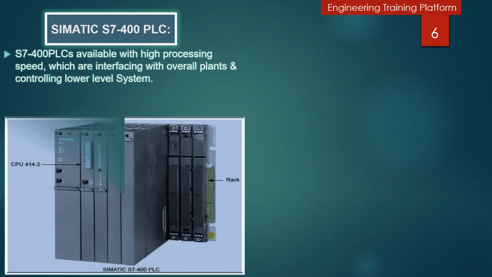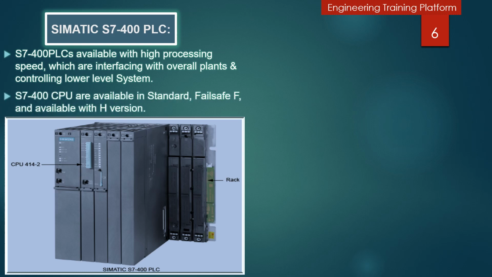Now friends, we will discuss the Simatic S7-400 PLC. S7-400 PLCs have high processing speeds and are especially suitable for data-intensive tasks such as coordinating overall plants and controlling lower-level systems. S7-400 CPUs are available in standard, fail-safe FH and high availability H versions.